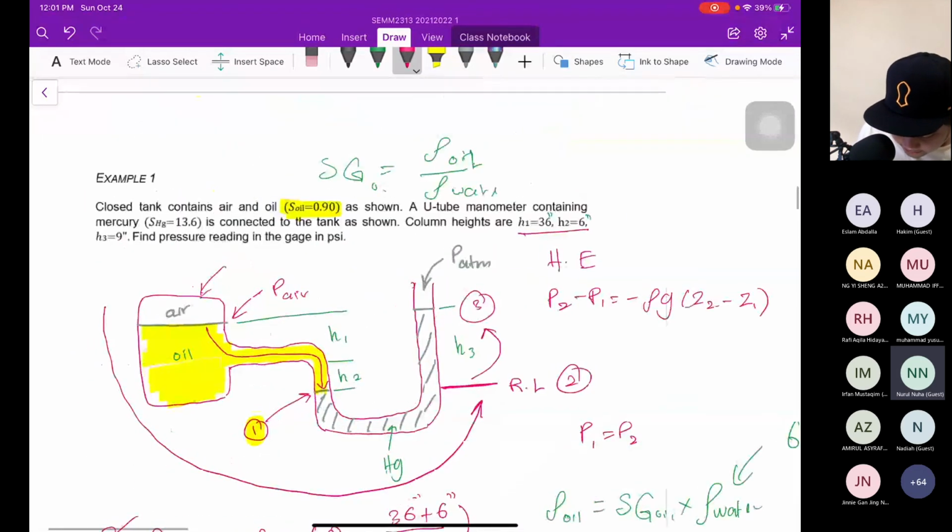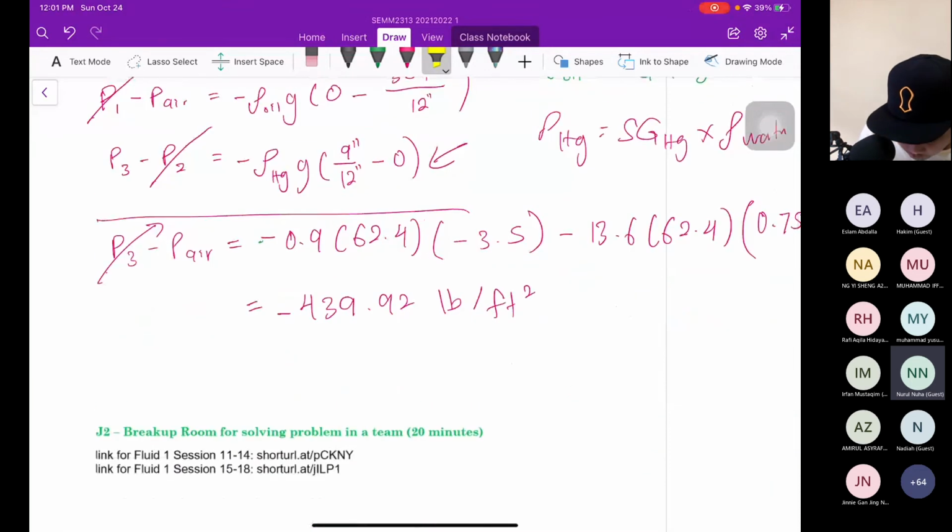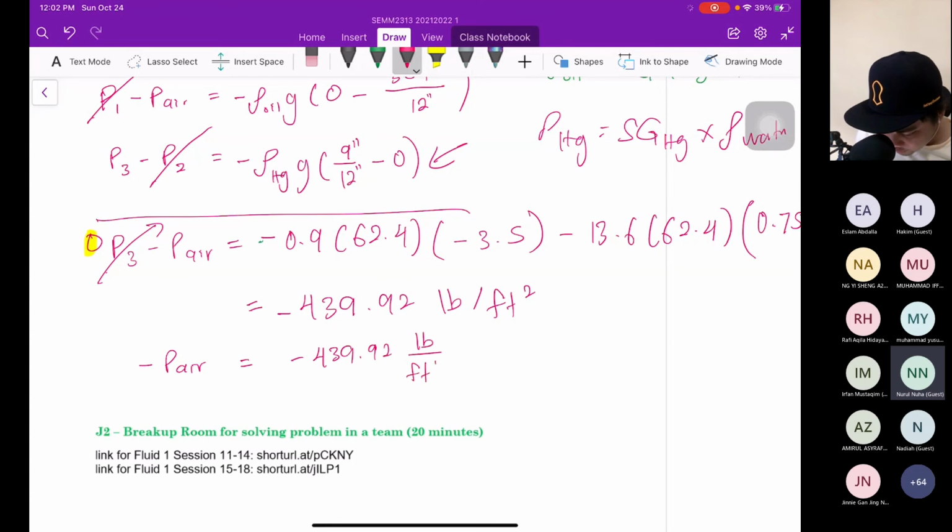When this is considered as gauge pressure, meaning relative to atmospheric pressure, it is equal to 0 when it is gauge. So we have negative P of air. You do the conversion and you will get negative 439.92 lb per feet squared.